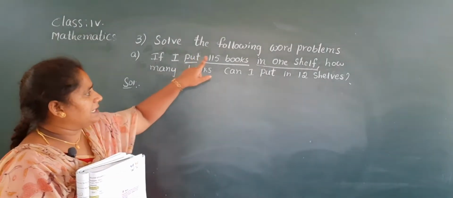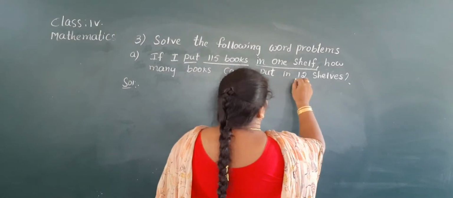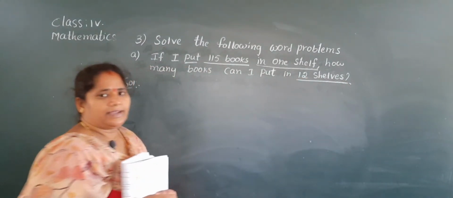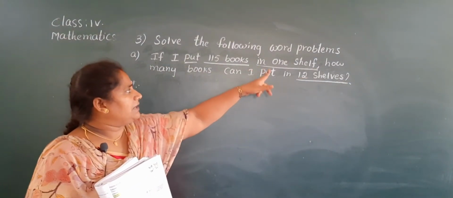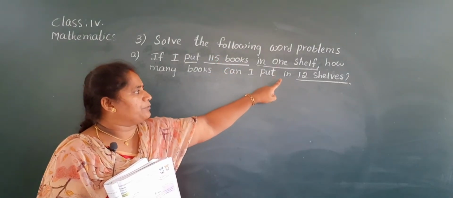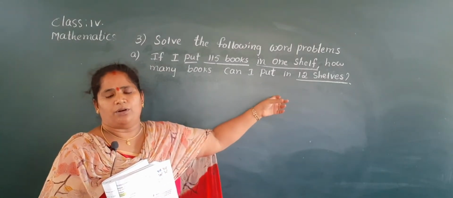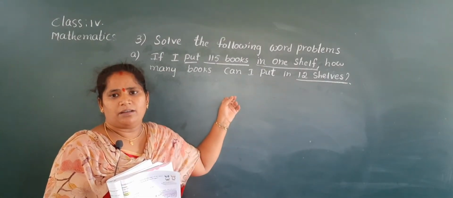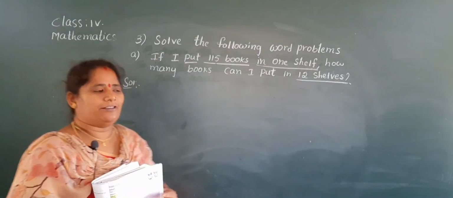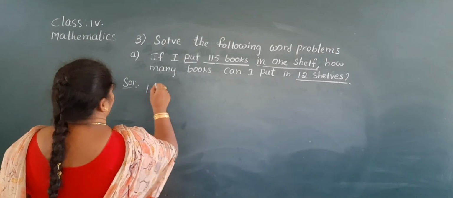See, ma, here one shelf is given and we have to find the books in 12 shelves. Okay, one is given and asking for more. So here we do multiplication. Very good. Okay, ma, come on, tell me the steps, Nana.